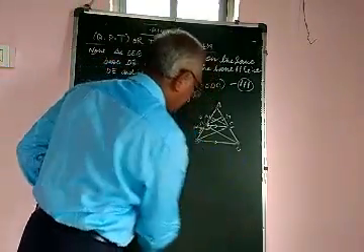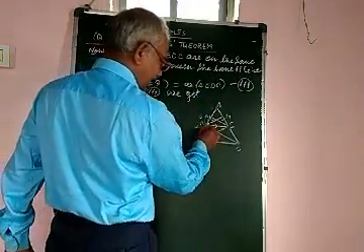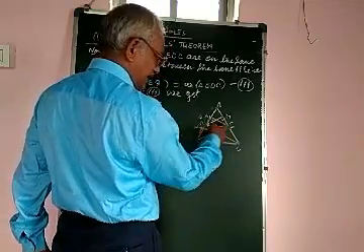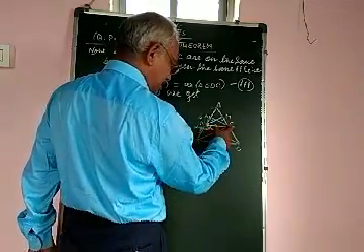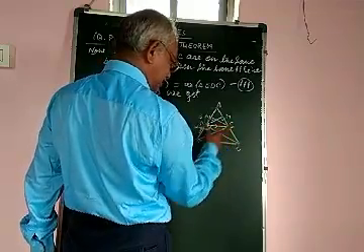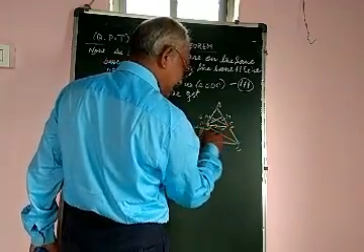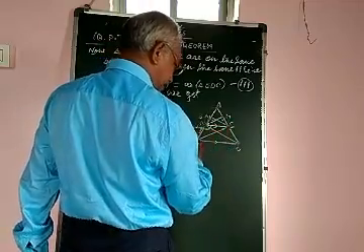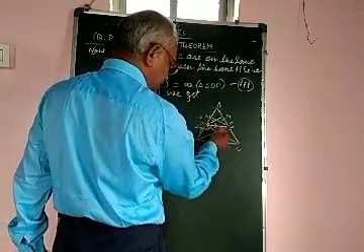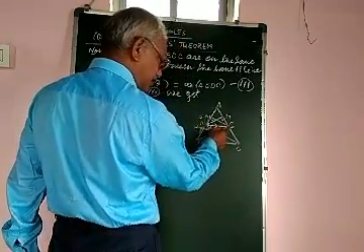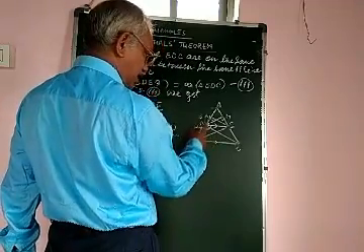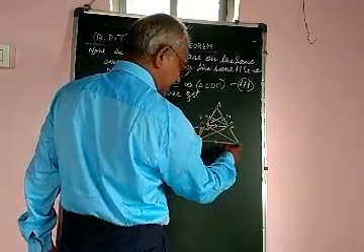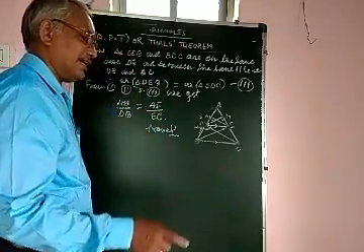Now triangles BDE, or DEB, and EDC are on the same base DE and between the same parallel line BC. So DE is parallel to BC. Therefore DEB and EDC are equal in area.